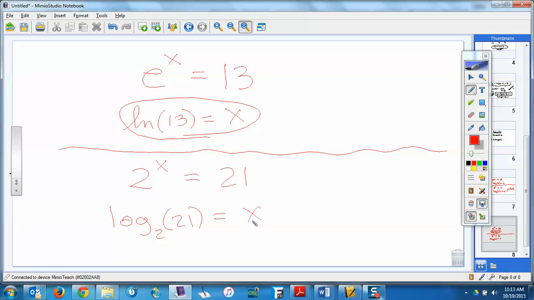Now, would you leave it like that? I would suggest that we would not most of the time. The problems will probably say put it in form of natural log or whatever. We will not want to have our answers like this. Now, I'm going to show you how we could solve it and make that not be an issue. But there's something called the change of base formula. Anybody remember that?